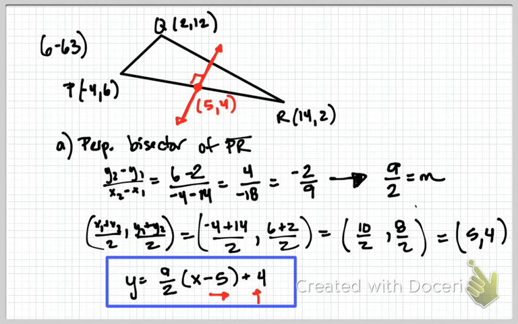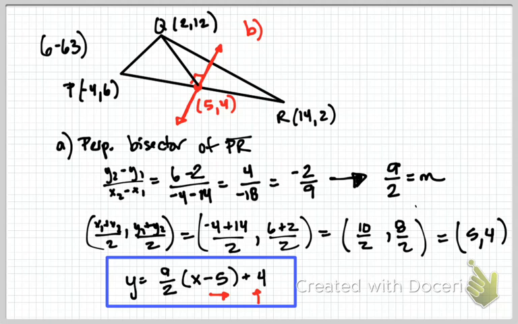For B, it says the median line that goes from Q to the midpoint of PR. So now we're looking at this point. We already have the midpoint. So same process again. We need to find our slope, which actually isn't that bad because we already have the point it goes through.